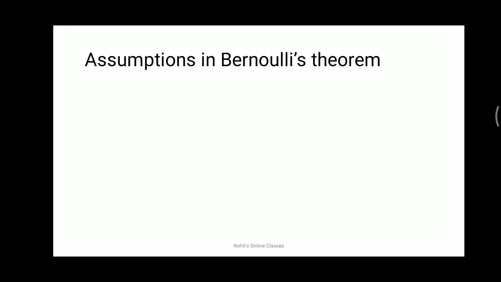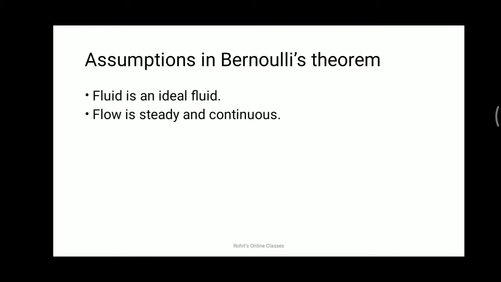Now the assumptions that we should consider for Bernoulli's theorem are: the first assumption is the fluid is an ideal fluid. It must obey all the ideal conditions any fluid should have. Second, the flow is steady and continuous.